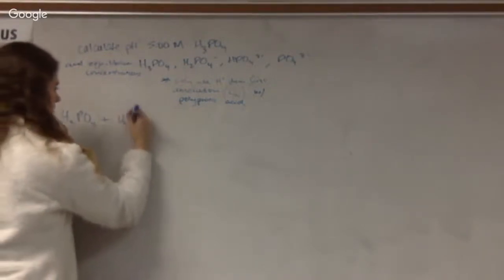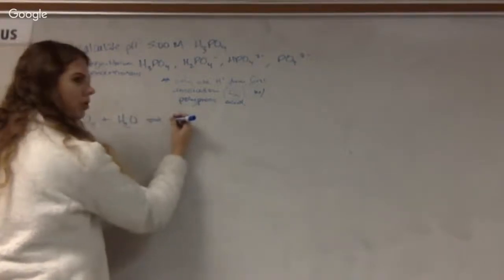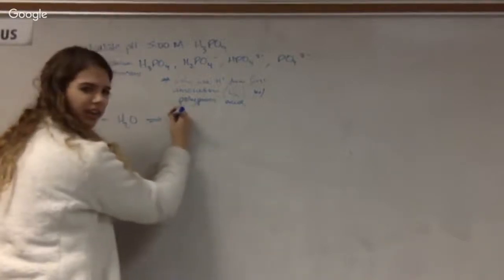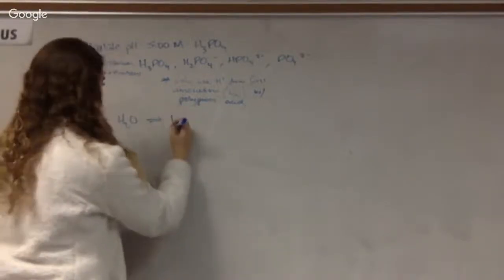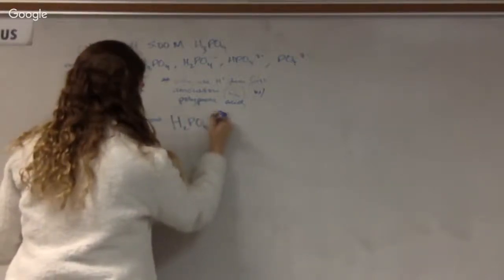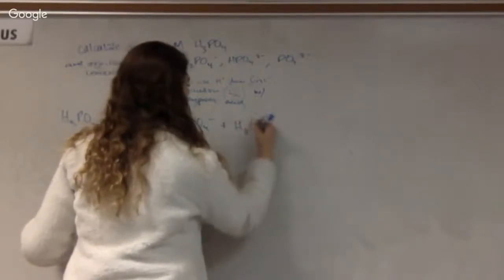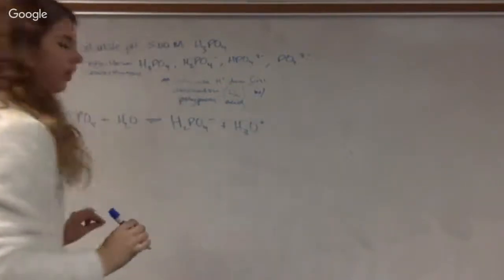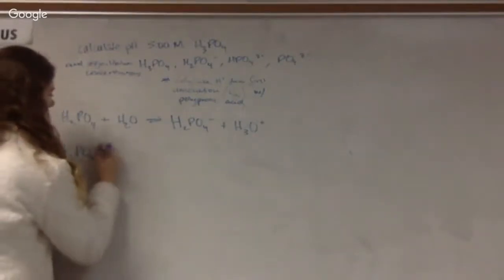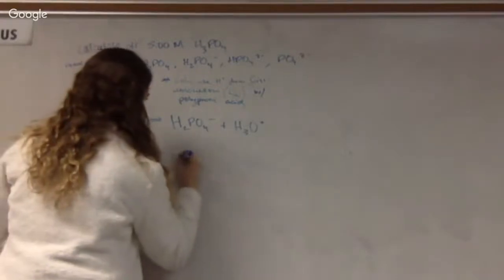So let's start off with H3PO4 plus H2O, it's going to go to H2PO4 minus plus H3O plus. Okay, and then take the H2PO4 minus, fill it with water, and tell me what you come up with, and then do the same thing for the next one.